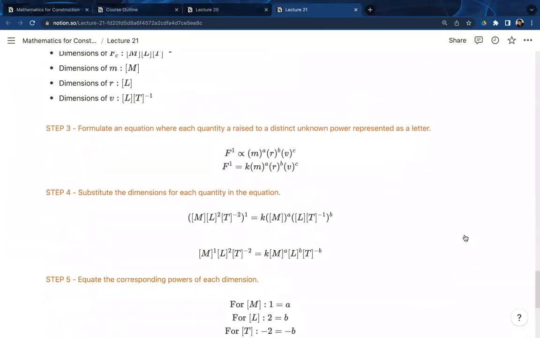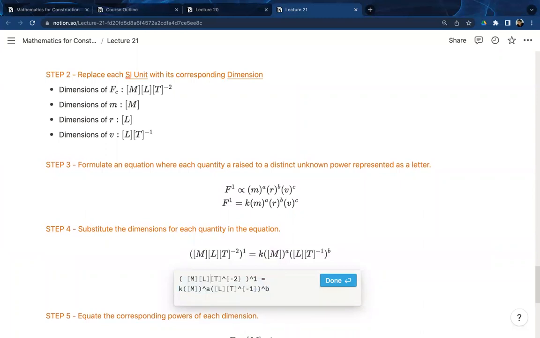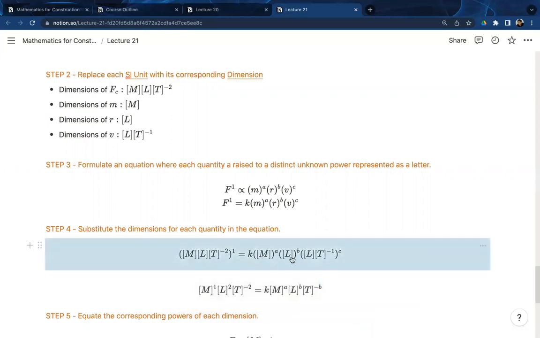Now we substitute these dimensions here. So force, this is L here, MLT to the minus 2, all to the power 1, is equal to K, so M to the power A, L to the power B and LT to the power C, right?